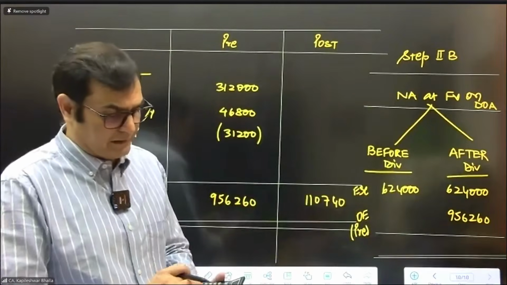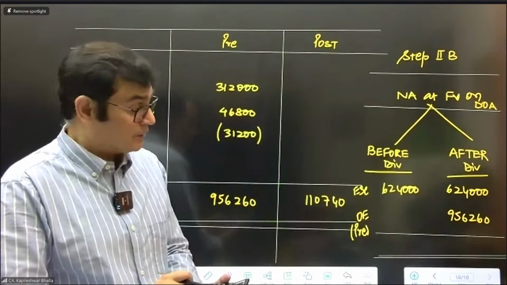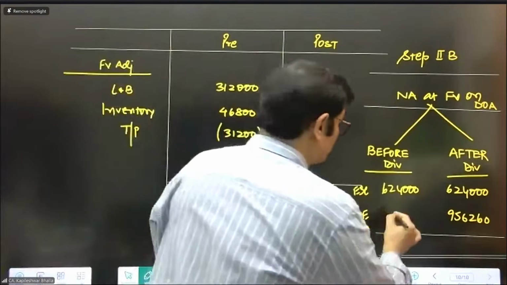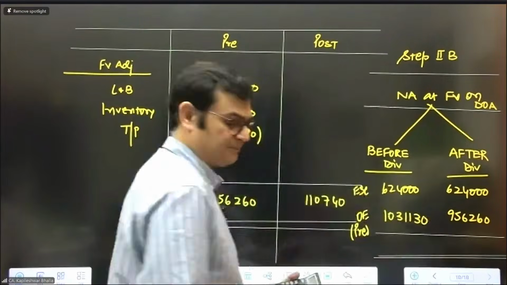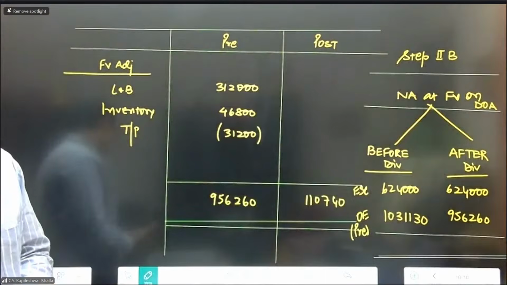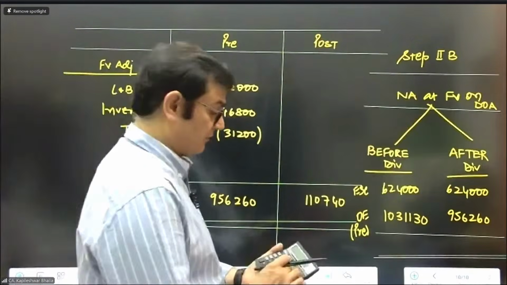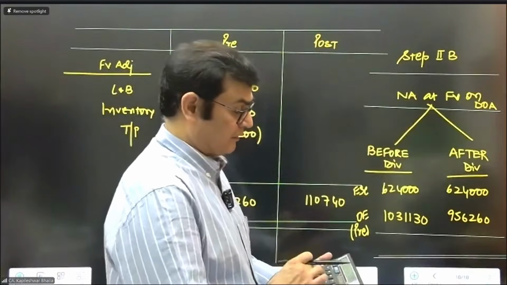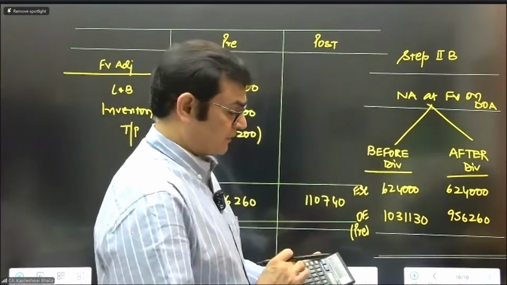So we had taken the dividends which was 74,880. Just add this back. It is supposed to be 10,31,130. Let me quickly check the figure. This dividend was 624, 12%, 956,260.